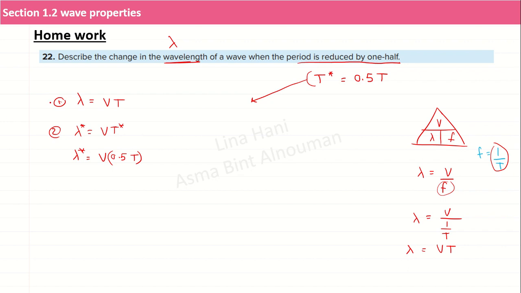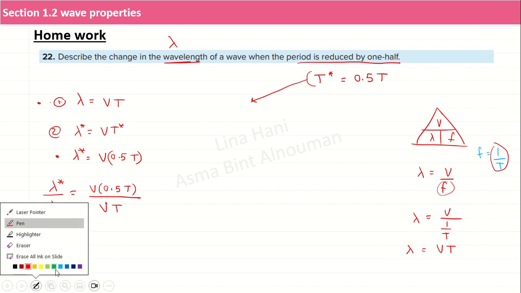Now you need to divide these two equations, this one and this one, over each other to find the ratio. The new wavelength divided by the old wavelength is equal to v multiplied by 0.5 T divided by vT.